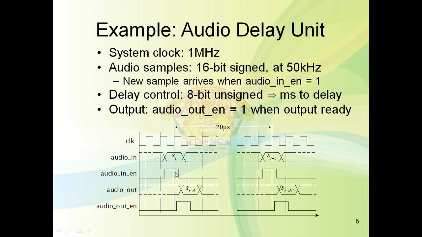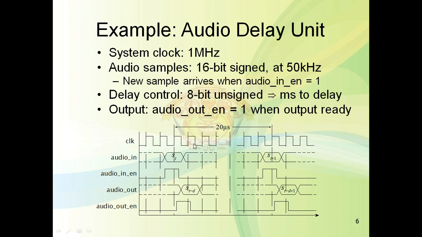This data will be stored into the memory after the delay, which will be given by the input. The previously stored data will be moved out in the next clock cycle as audio out, and that will be activated by audio out enable. So this is our example.